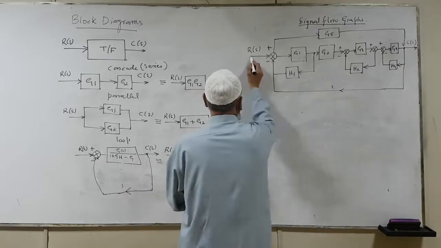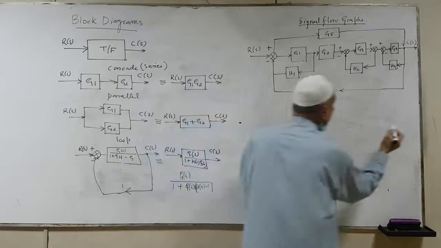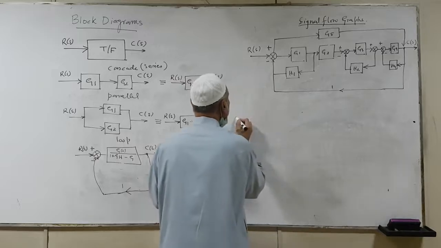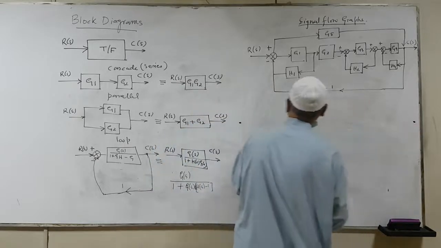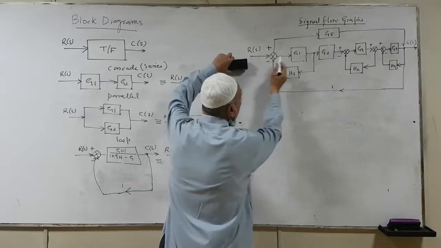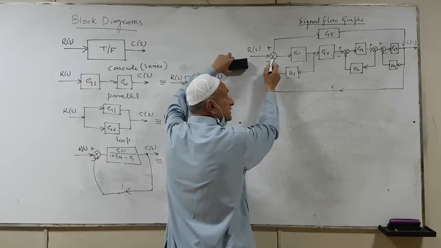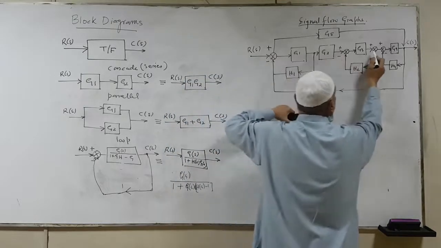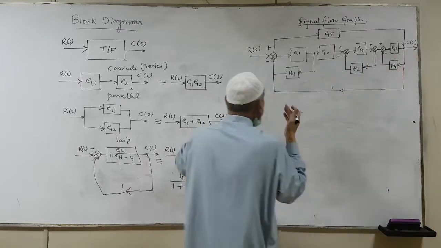Starting from this one, input and output are nodes. So we just lay off the input node and the output. Now each component or each junction, each of these components such as summation point, and this is simply a junction. This is again a summation point, this is a summation point, this one, this is a junction. So we represent these by nodes.